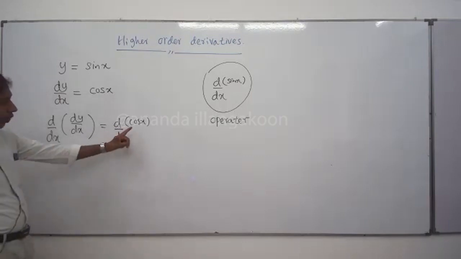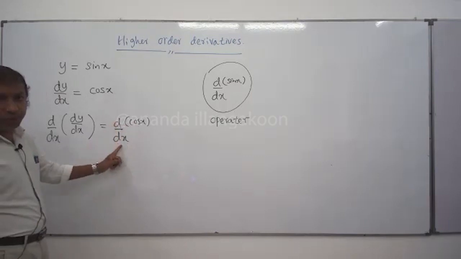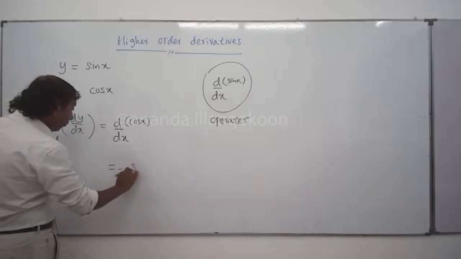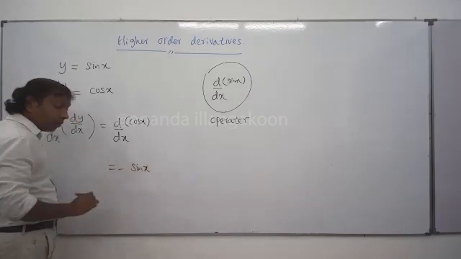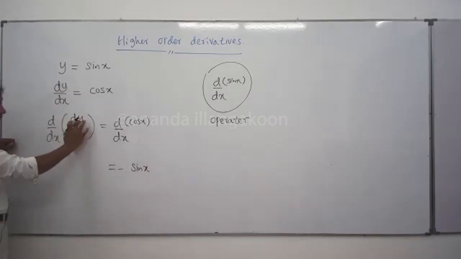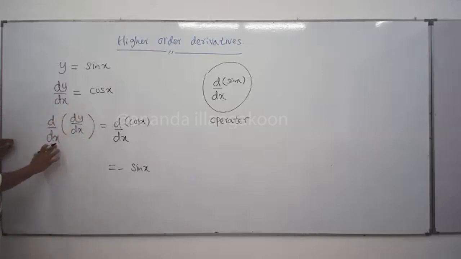When we differentiate cos x with respect to x, the answer is minus sine x. Now, that one we again differentiate with respect to x.